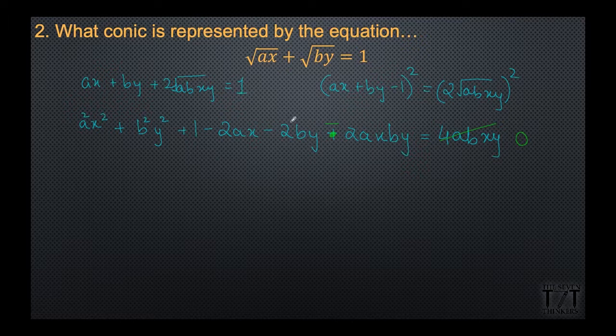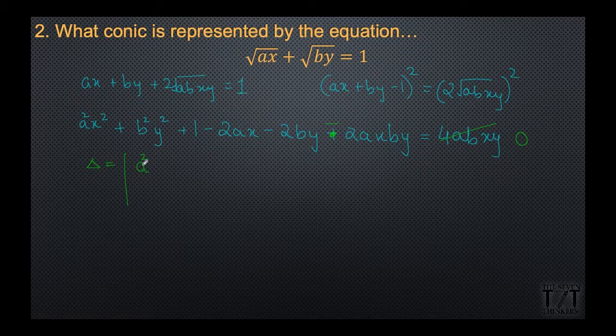Since we are doing a tutorial on non-degenerate conic, we're still going to find the value of the discriminant. Since small a is the coefficient of x square in the general equation of conic, but over here the coefficient of x square is a square, we're going to write a square over here.